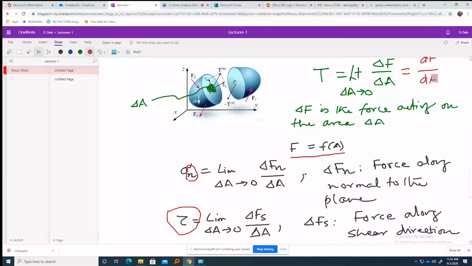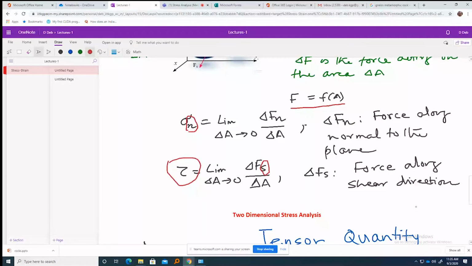And this S is basically in the shear direction, in any direction where your normal unit vector acts. So this is the classical definition of stress. So delta Fn is the force along the normal to the plane, and this is also along the normal to the shear. So is that clear so far? Okay. Now I go for the 2D case.